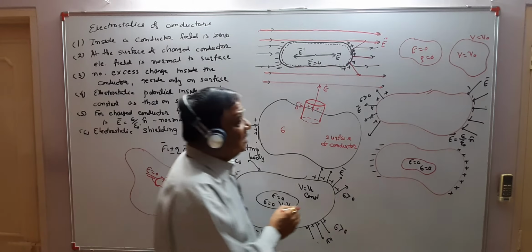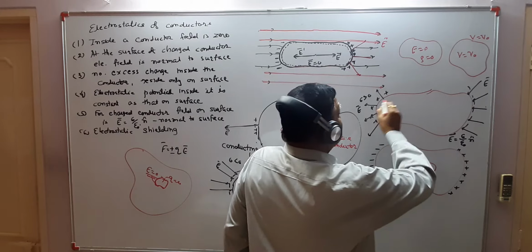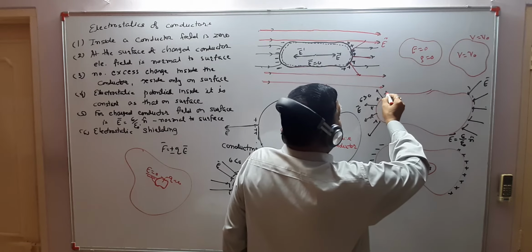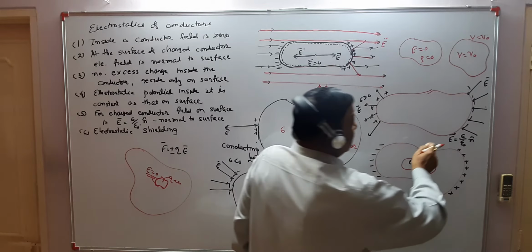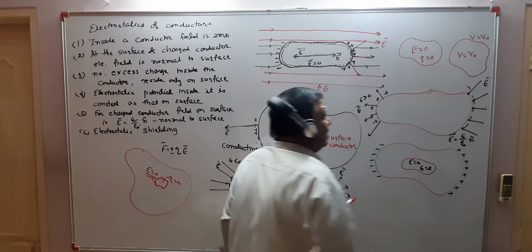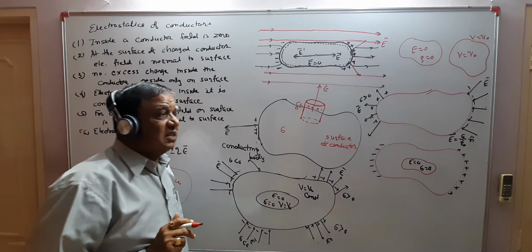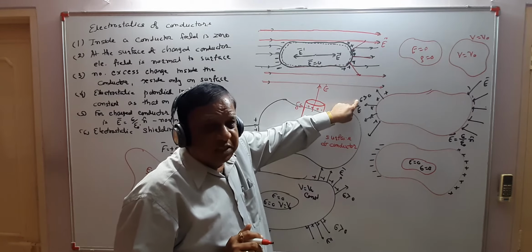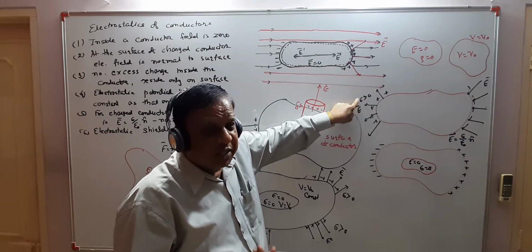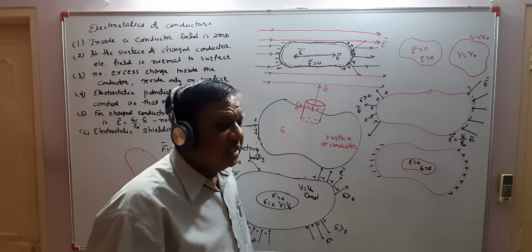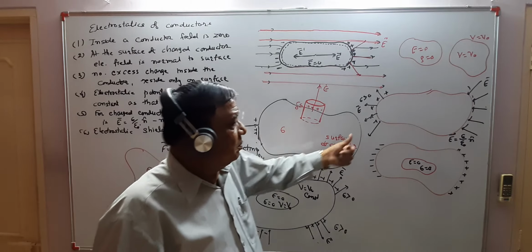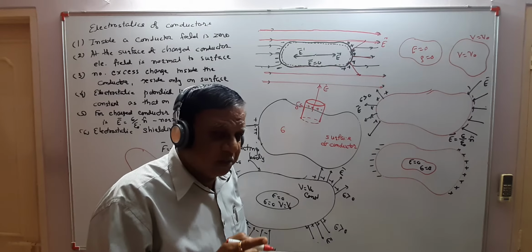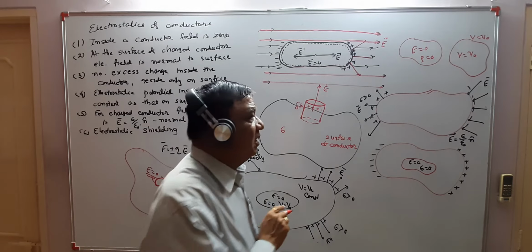Here, see this figure also. According to the first figure, on this side positive charges are there, and on this side negative charges are there. So this is sigma greater than 0, positive charge, then the charge density is positive, and the field is coming outward, normal to the surface.